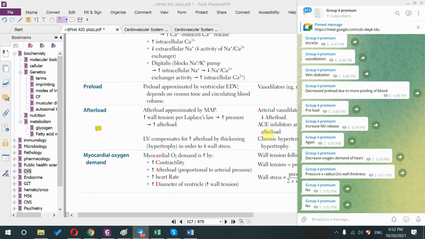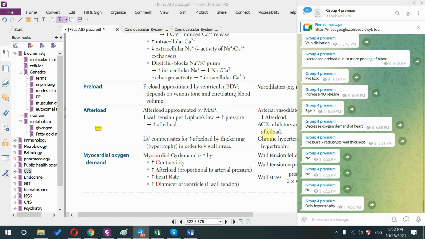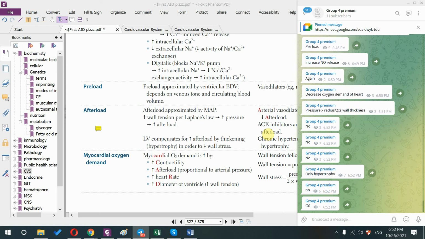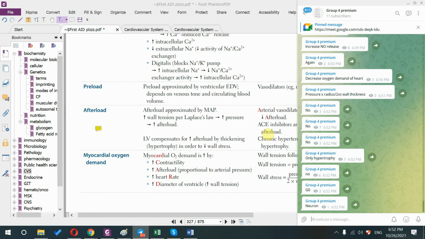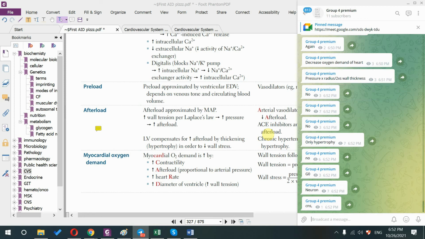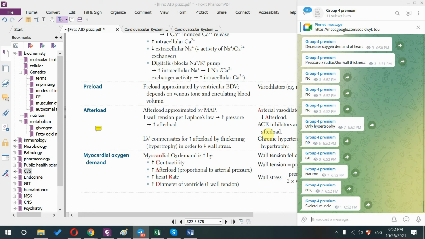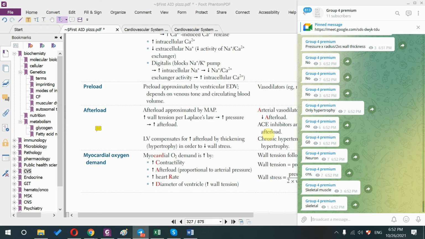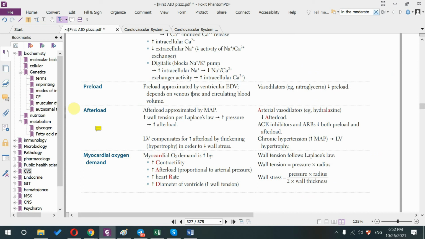Why not? Excellent, it's in a G0 phase. It's a stable tissue. What other stable tissues do we have in our body? Neurons, CNS, skeletal muscle. Okay, good. So the CNS, skeletal muscle, and cardiomyocytes. Excellent job, guys.